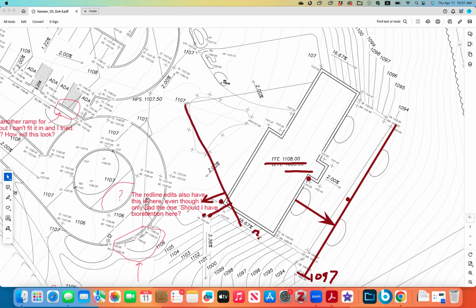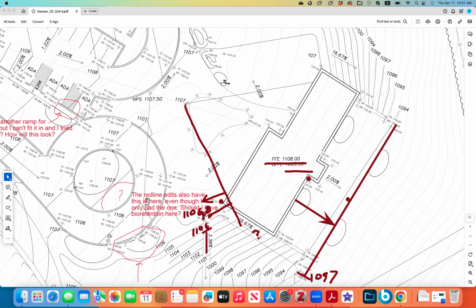So this will be below 1097, so it will be 1106, for instance, 0.8, something like that. So then you start with this and you go for 5%, right? So in this case, 5%, you will be offsetting 16 feet to your 1106 contour. Does that make sense?